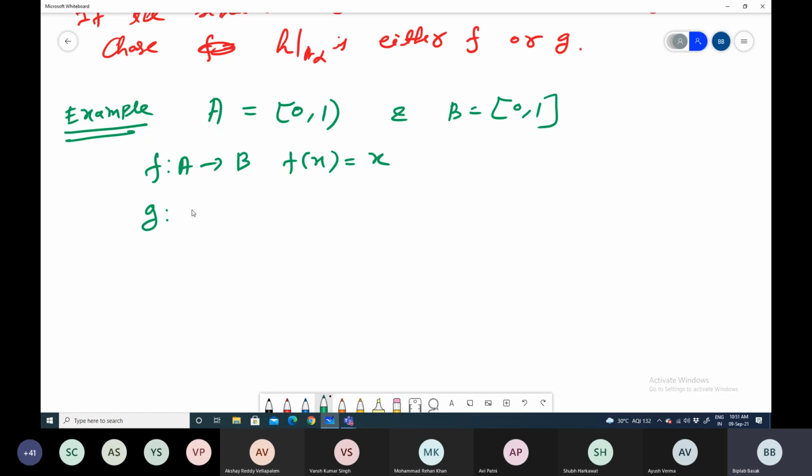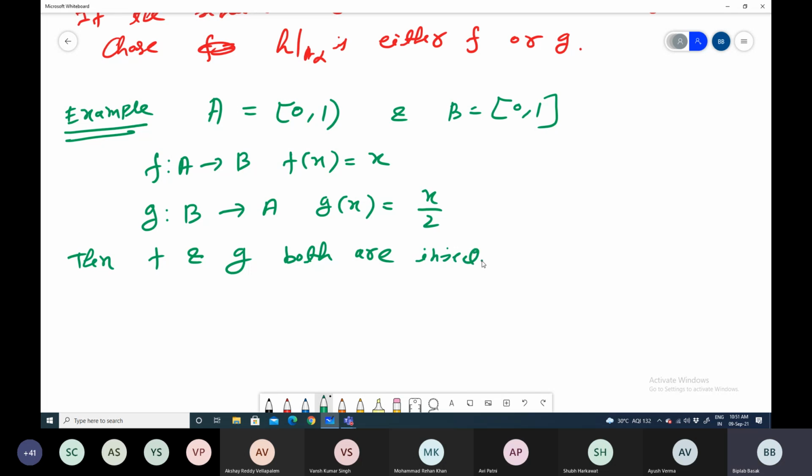And give g, an injective function from B to A. Take g of x equal to x by 2, since 1 is not here. Now f and g both are injective, right? Now by using the Schroeder-Bernstein theorem, you can give a bijection from A to B.